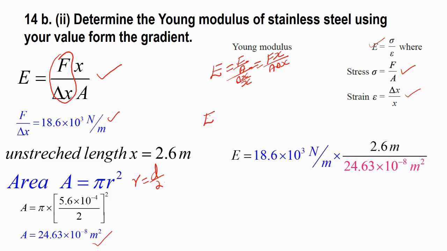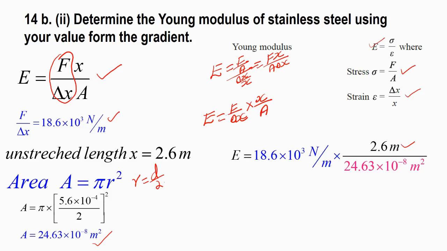Now we can find the value of Young's modulus. Young's modulus is equal to F by delta x into x by A, where F by delta x is the gradient, multiplied by the original length divided by the area of cross section. F by delta x is 18.6 into 10 to the power 3, the original length is 2.6 meter, and the area of cross section is 24.63 into 10 to the power minus 8 meter square.